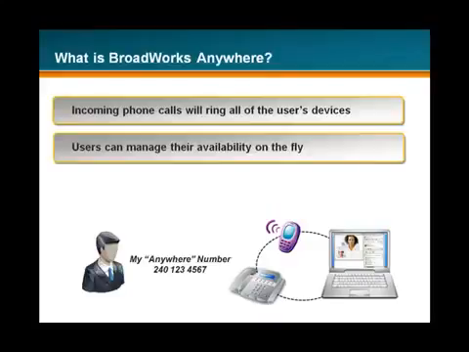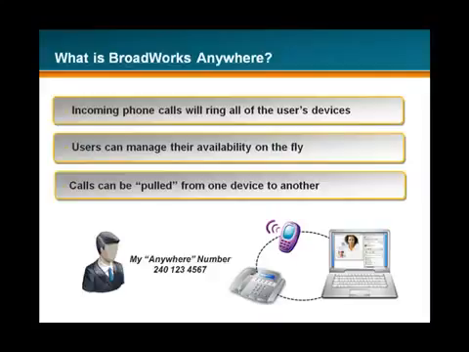Users can also easily manage their own settings to control when and how they are reached. Calls can be pulled from one device to another, letting the user seamlessly move, as an example, a mobile call to their desk phone. Let's take a look at a common use case scenario.